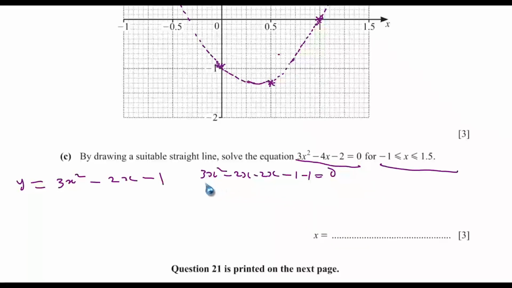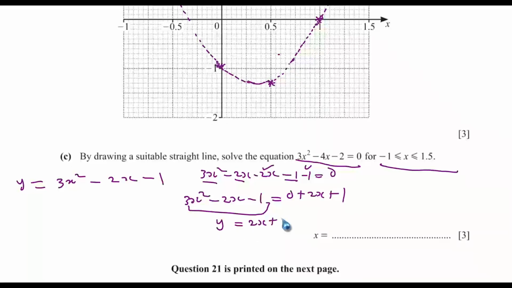So I will take this and this and leave them on the left-hand side: 3x squared minus 2x minus 1. Then I will take this and this to the right-hand side to be 0 add 2x, then add 1. If you look at this, the left side is equal to y. So I will say y equals 2x add 1.